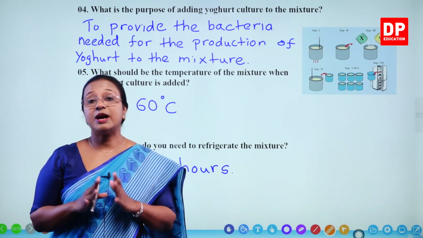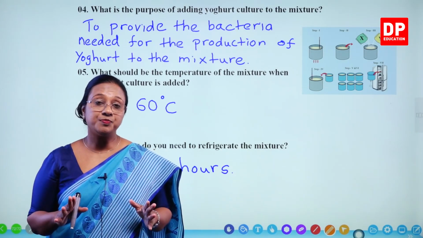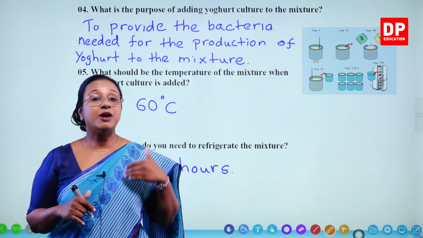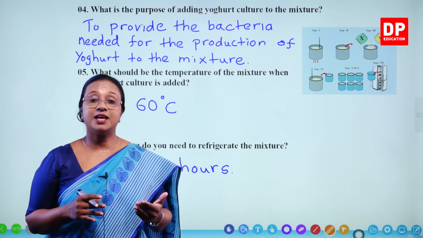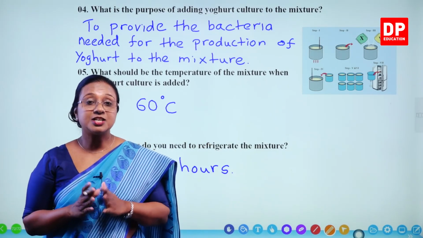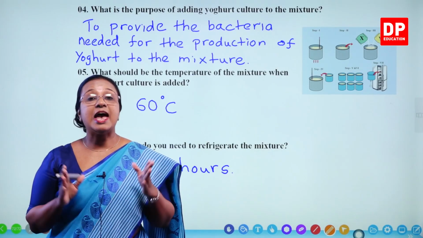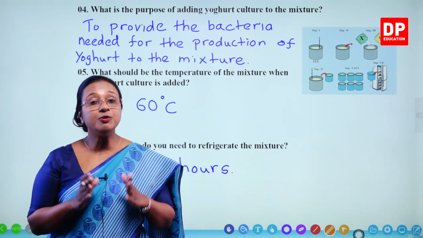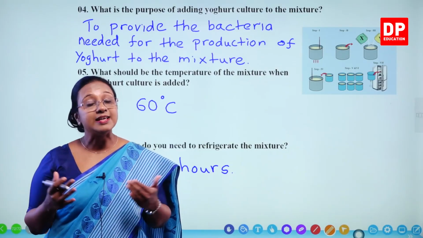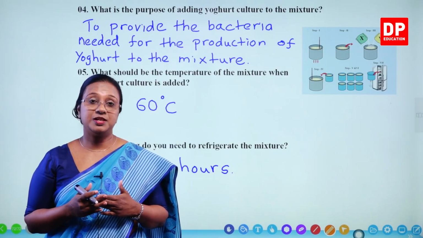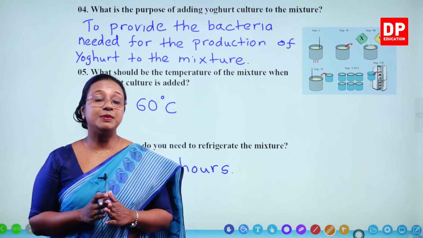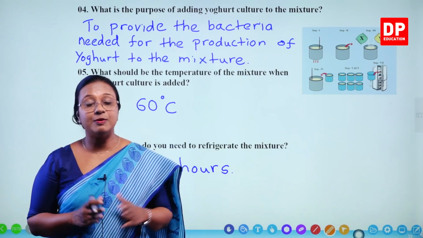So I am sure you have a very good understanding now. But with that, you have to keep on reading the textbook, listen to the discussion to clear all your doubts, and then you have to practice answering as many questions as possible so that you're very competent to answer any type of question.